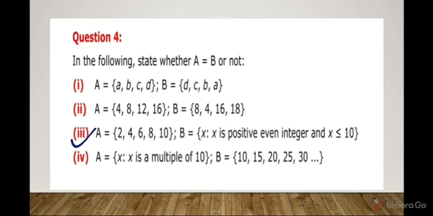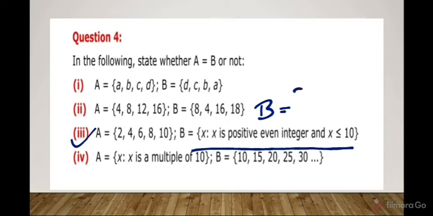Now the third one. A is the collection of 2, 4, 6, 8, 10 and B is the collection of all those x where x is a positive even integer less than or equal to 10. If you transform this set B into roster form, then B contains all the positive even integers which are less than or equal to 10.